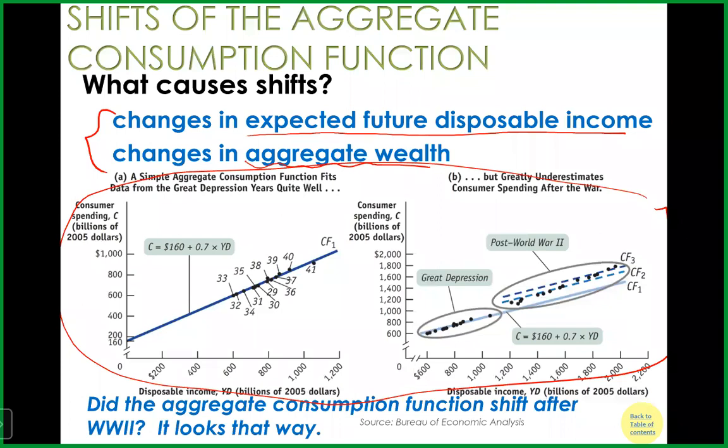Now, if we look at history, it did happen. On the left graph, what do we have? By the way, this number refers to the year. So for example, 33 means 1933. Here we plot the 1930s. What happened in the 1930s, by the way, in the United States?